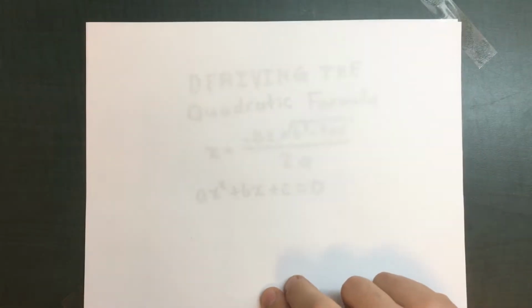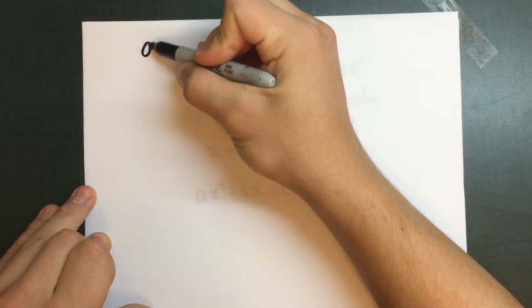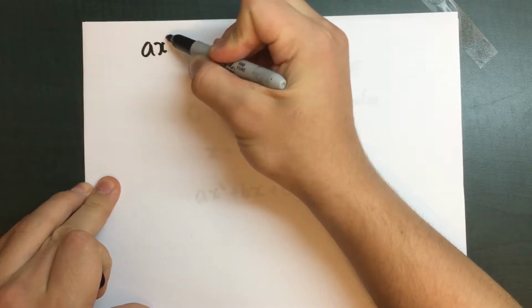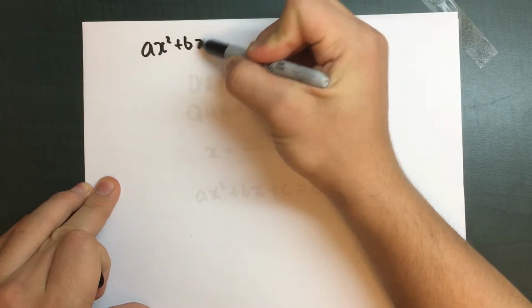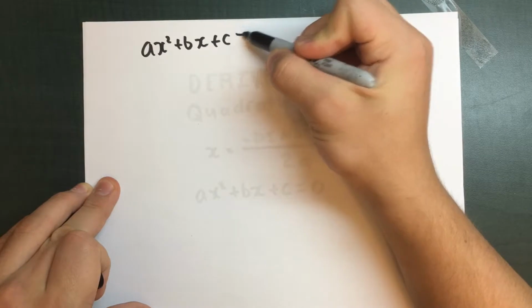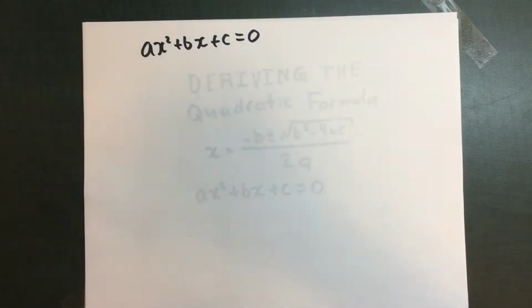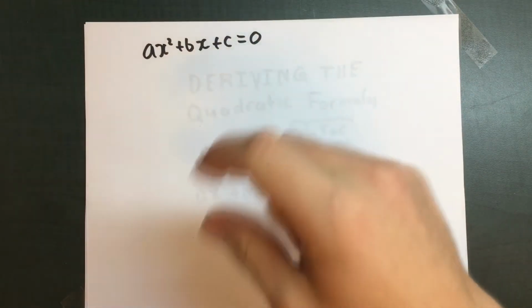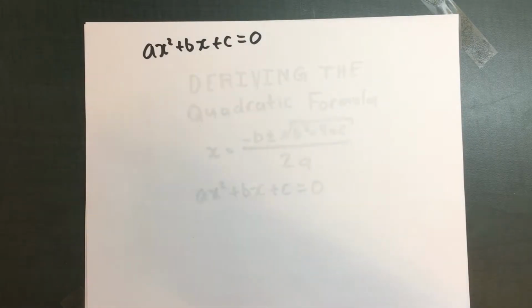Now, to derive the quadratic formula, we start with the quadratic equation, which is ax squared plus bx plus c equals 0. So to start off, we'll bring c over to the right side of the equation.